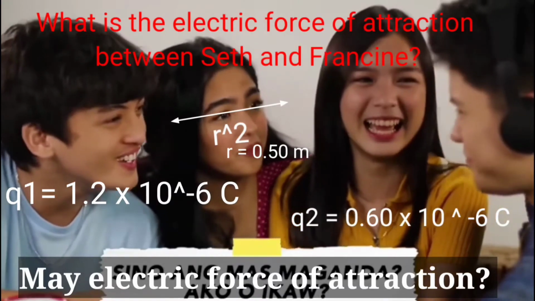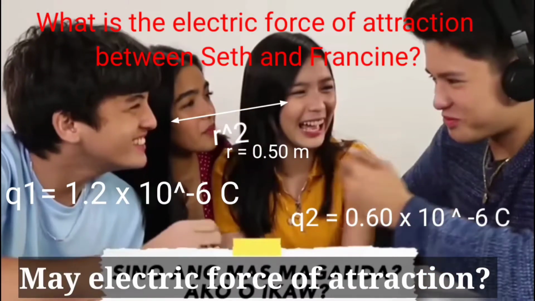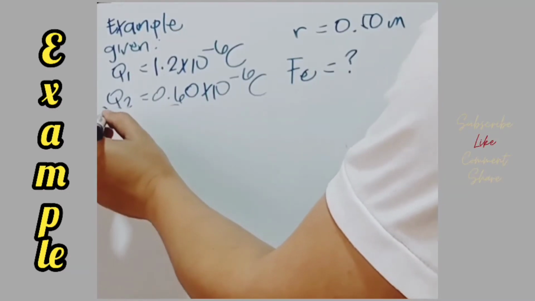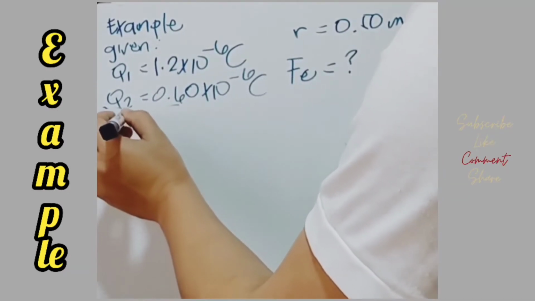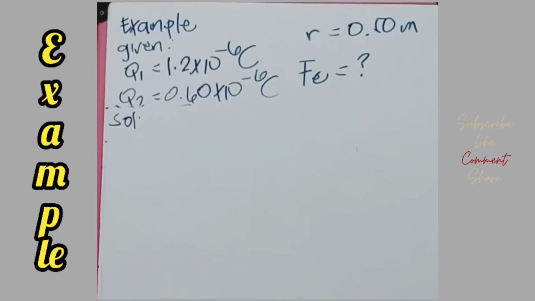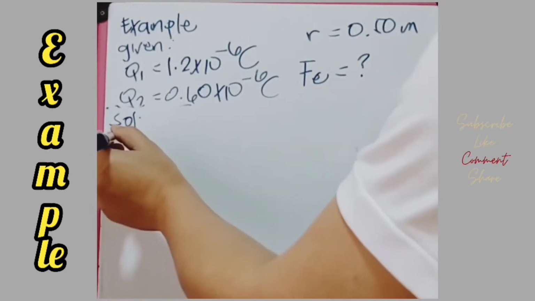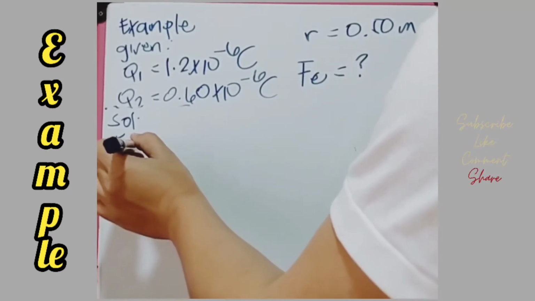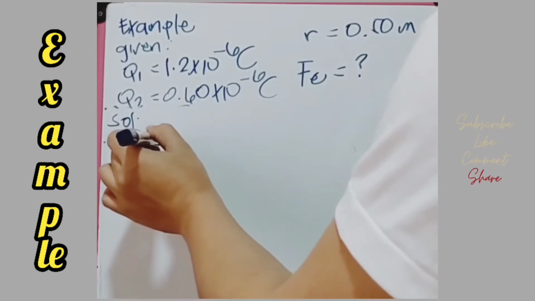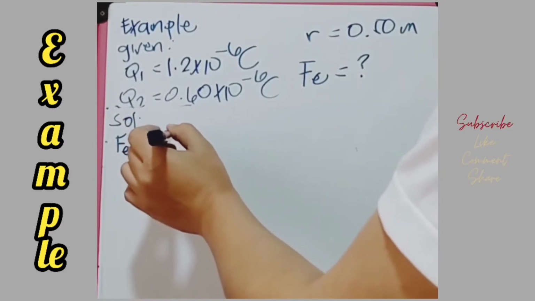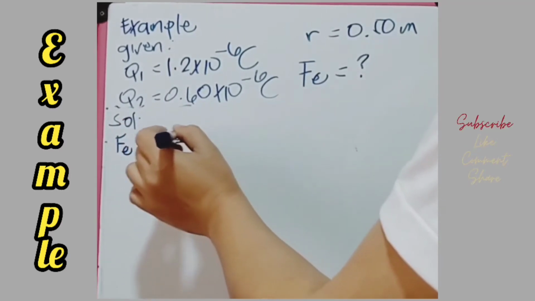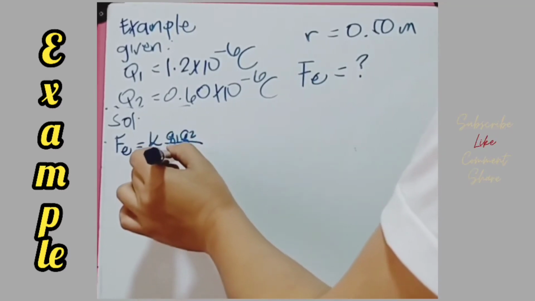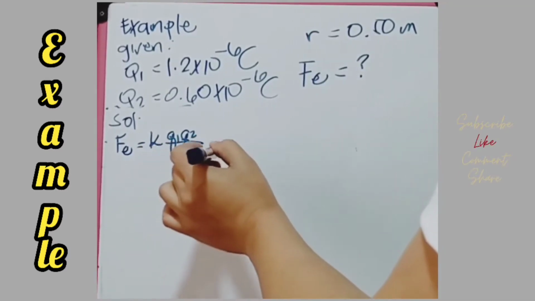Let's see how Coulomb's law solves this. So for our solution, by applying Coulomb's law equation, which is electric force is equal to Coulomb's law constant times Q sub 1 times Q sub 2 over R squared.